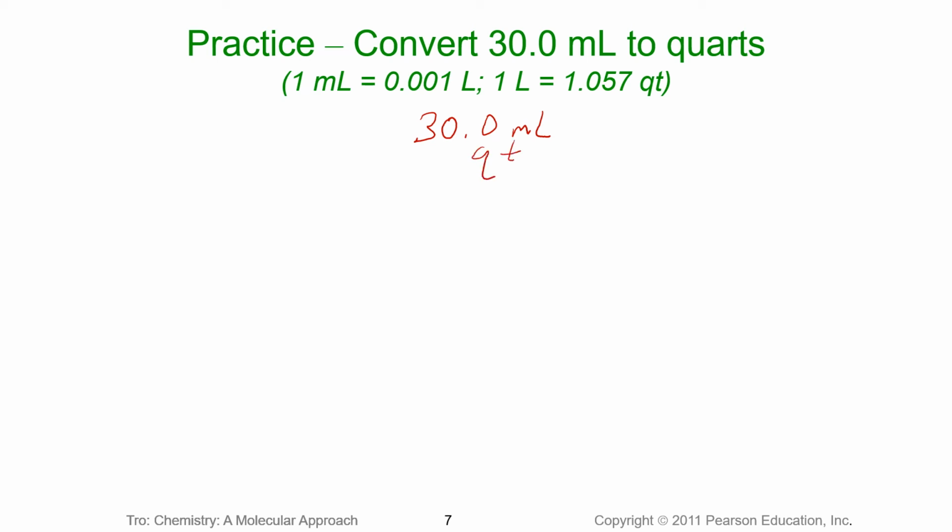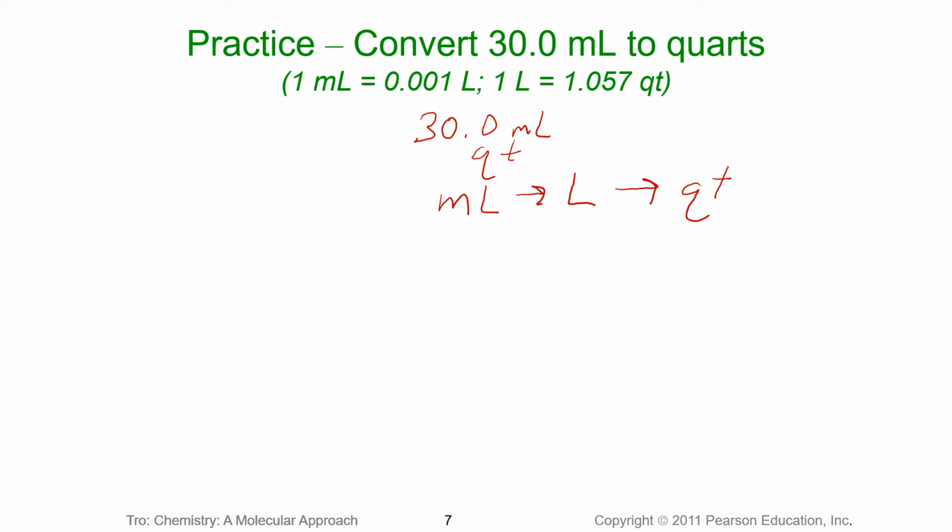We're given our relationships. 1 milliliter is a thousandth of a liter, and 1 liter is 1.057 quarts. So that means that our conceptual plan, we want to go from milliliters to liters to quarts.